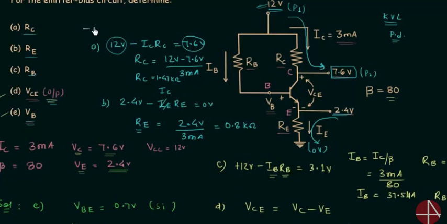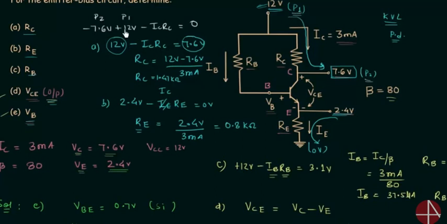So we have minus 7.6 volts plus 12 volts minus ICRC equal to 0. So we can say that we now have KVL in which only potential differences are involved, because 7.6 volt is the potential at point P2, and 12 volt is the potential at point P1.